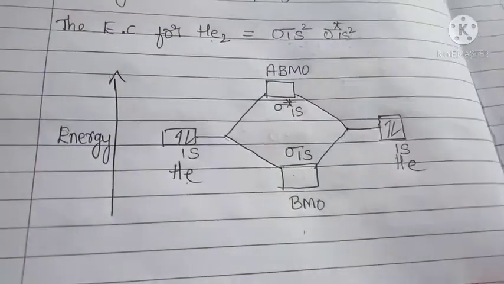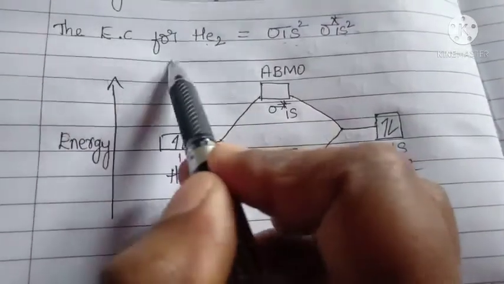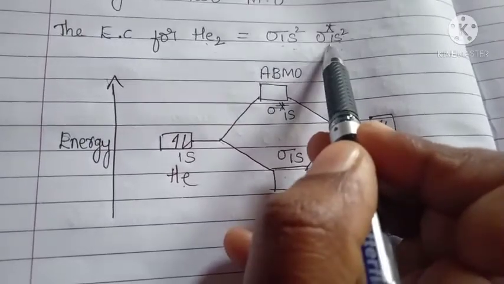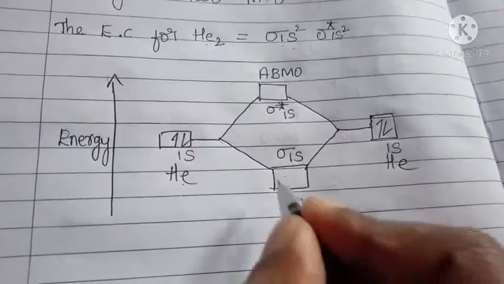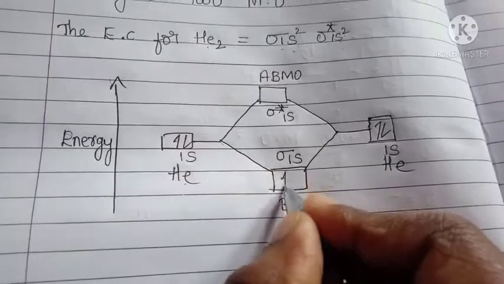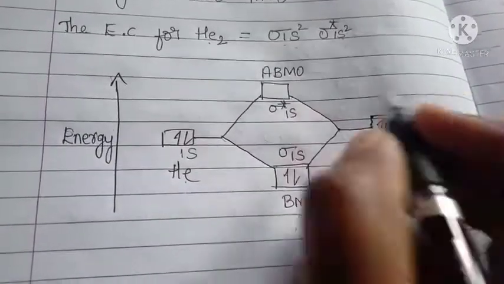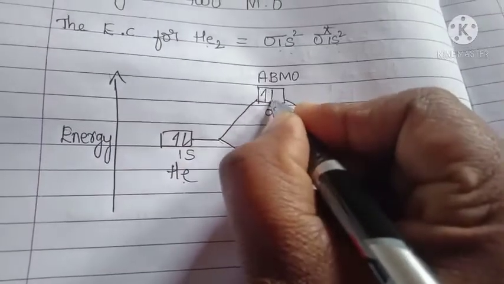Then the electronic configuration for the helium molecule is sigma 1s2 sigma star 1s2. It means sigma 1s contains 2 electrons, sigma star 1s2 contains 2 electrons.